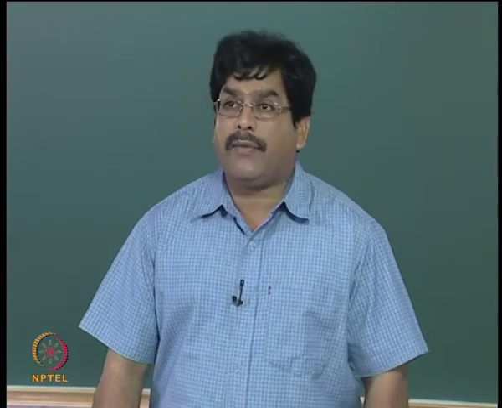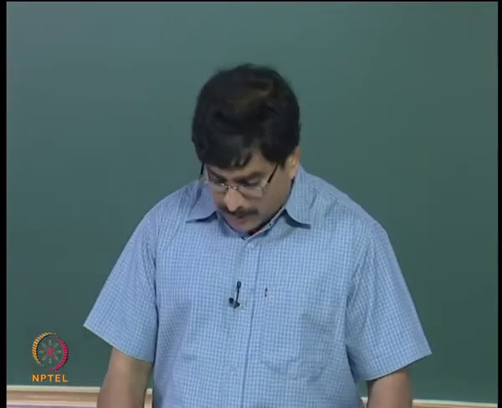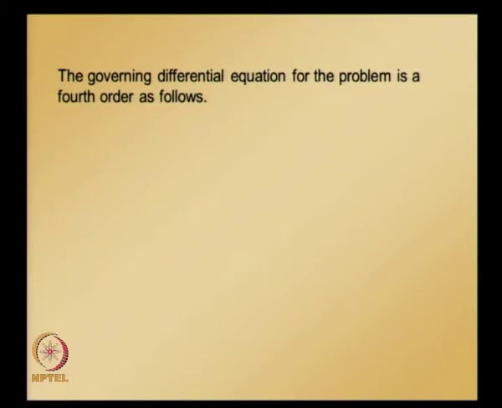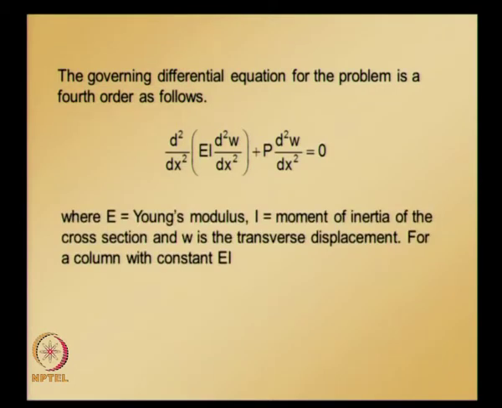The governing differential equation for this simply supported column buckling problem is a 4th order differential equation subjected to the boundary conditions, and here E is Young's modulus, I is moment of inertia of cross section, W is transverse displacement.